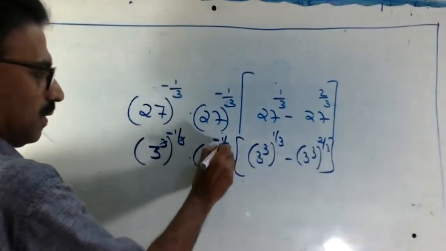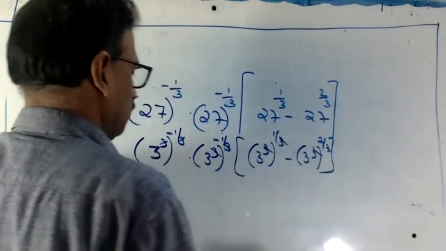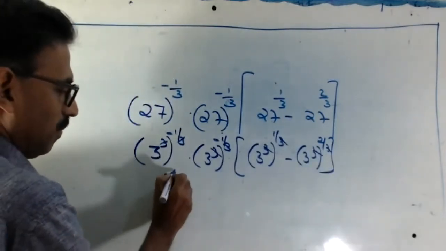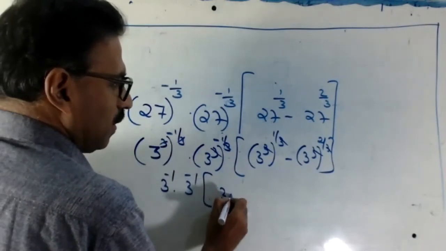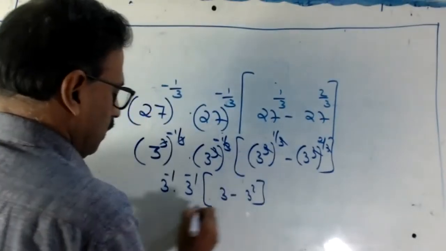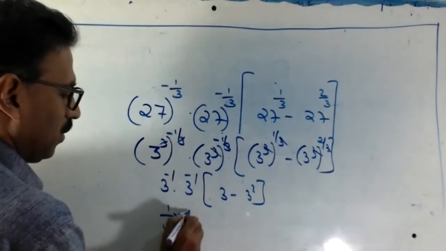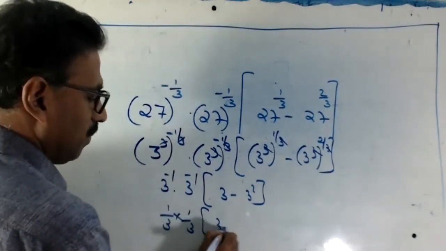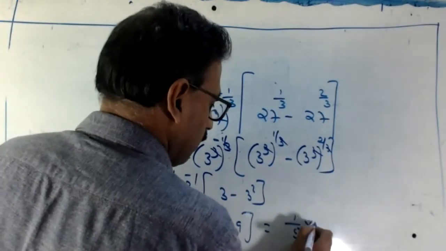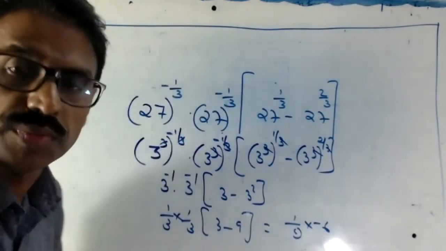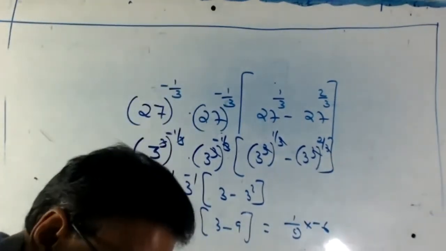Cancel the powers. 3 raised to minus 1, 3 raised to minus 1, 3 minus 3 squared. 1 by 3 into 1 by 3 into 3 minus 9, that is equal to 1 by 9 into minus 6. So the answer is minus 2 by 3. Okay, copy fast.